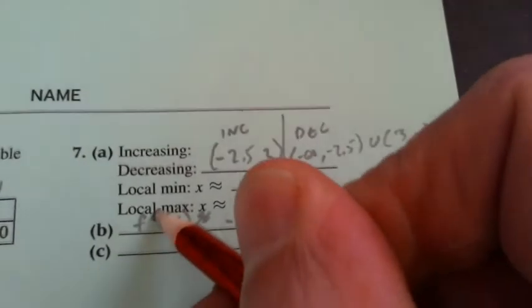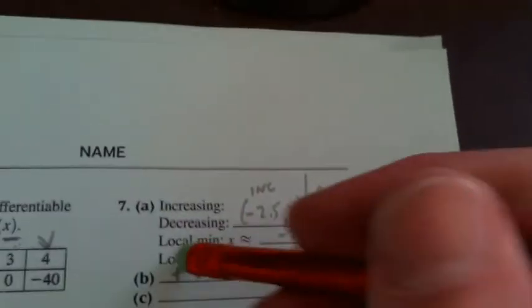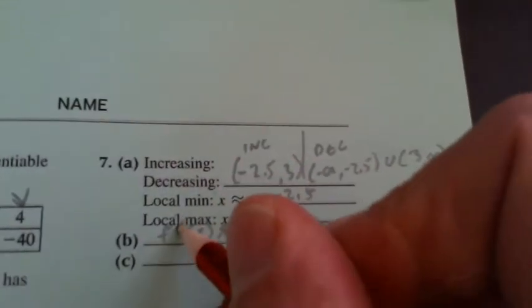That looks like a double prime, but it's supposed to be a single. There we go.